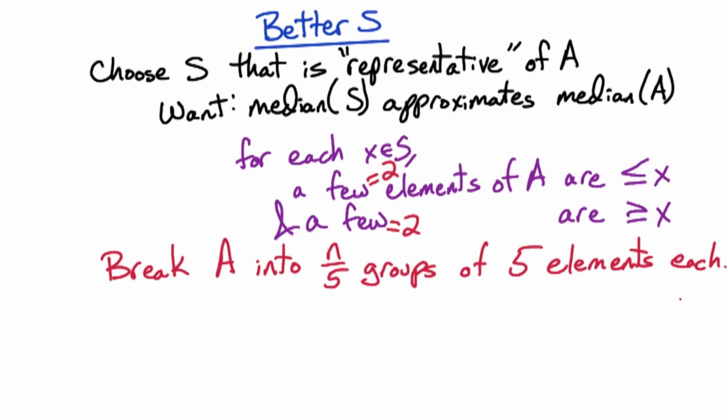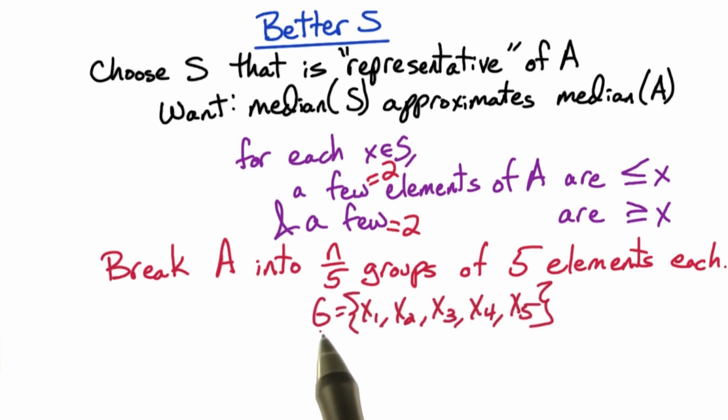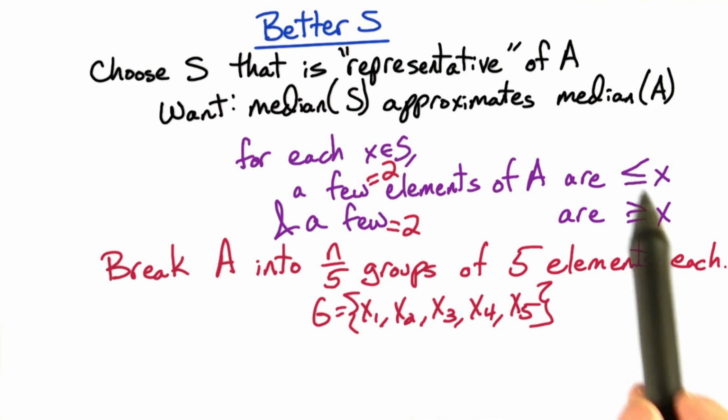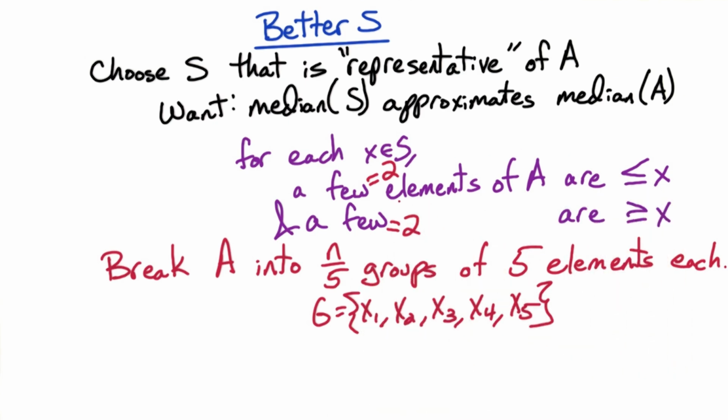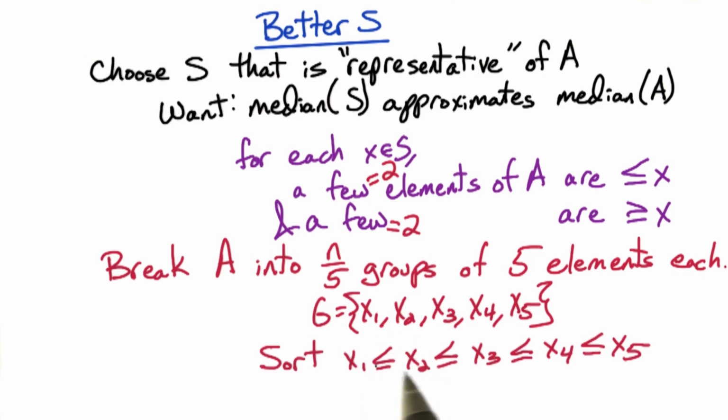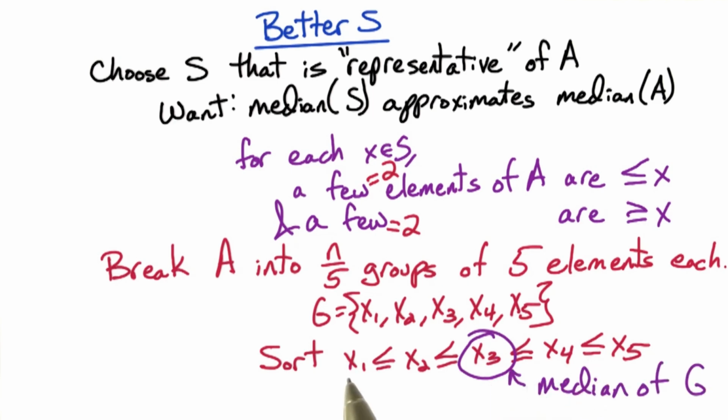Let's take a look at a particular group to see how we do this. Let's look at a group G consisting of the elements x1, x2, x3, x4, x5. Now, who do we want to choose from this group to represent this group in the sense that we talked about just before? Let's look at this group sorted. So let's sort the group and relabel it so that x1 is the smallest, x2 is the next, x3 is the next, and so on. Now, who are we going to choose to represent it in this sense? Well, we're going to choose the middle element, the median of this group. x3 has the desired property.